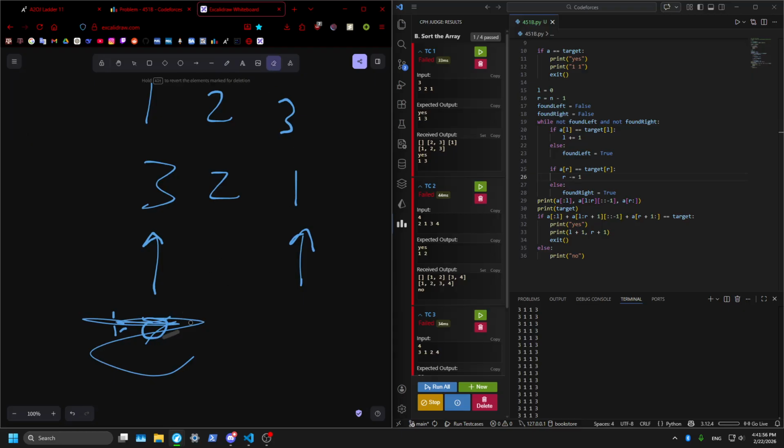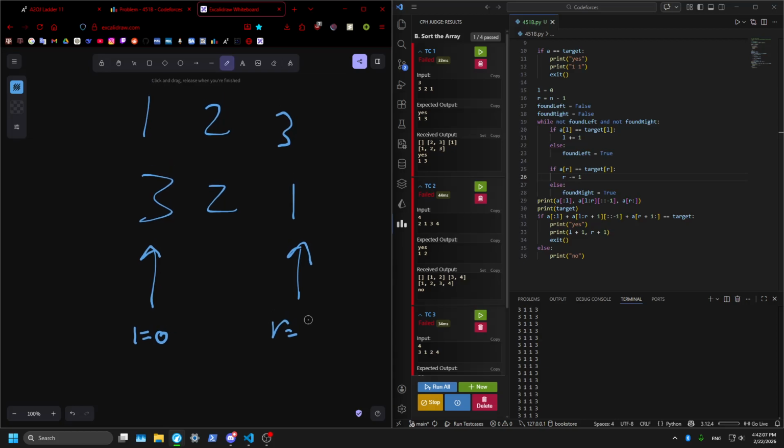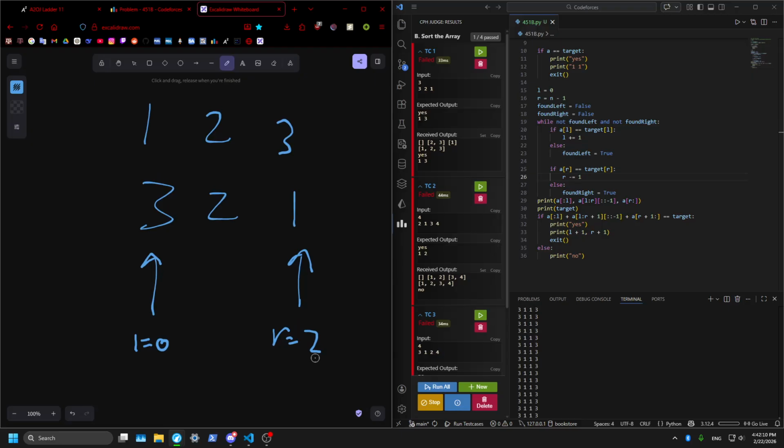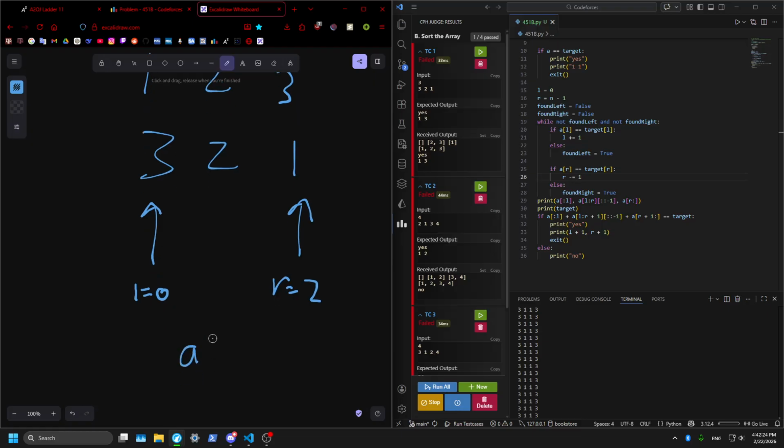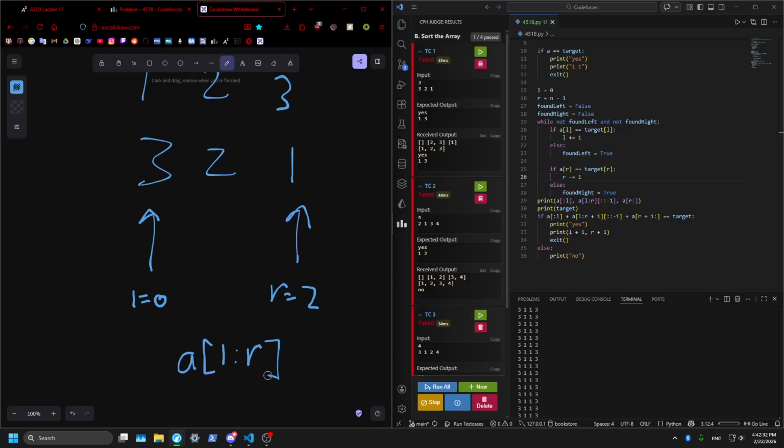Jesus, this eraser tool is not cooperating today. L equals 0. R equals n minus 1, so 0, 1, 2. So now we want to reverse L. We want from, hold on.